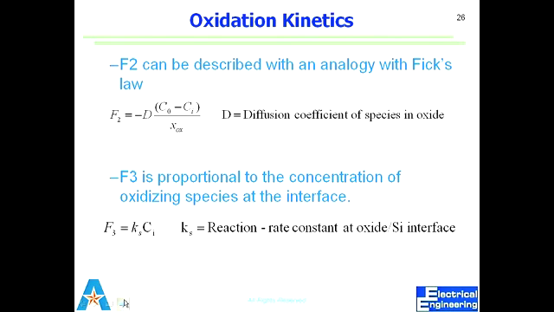Ks is the reaction rate constant, which defines how fast our reaction will go. So F3 will depend on how much oxygen makes it through to that interface, which will result in the reaction going fast or slow. Questions?